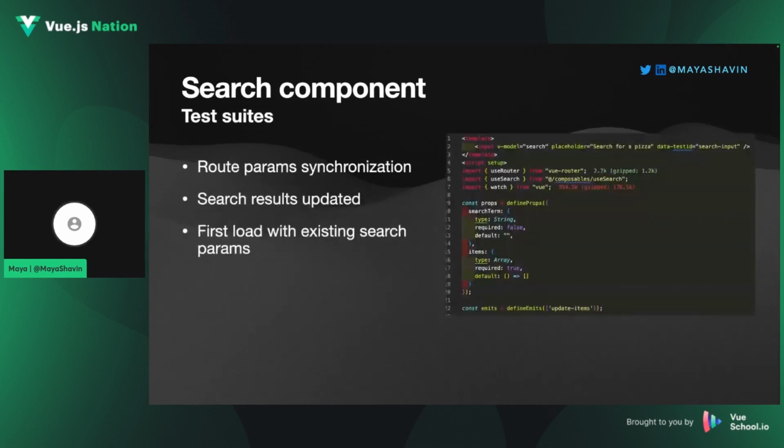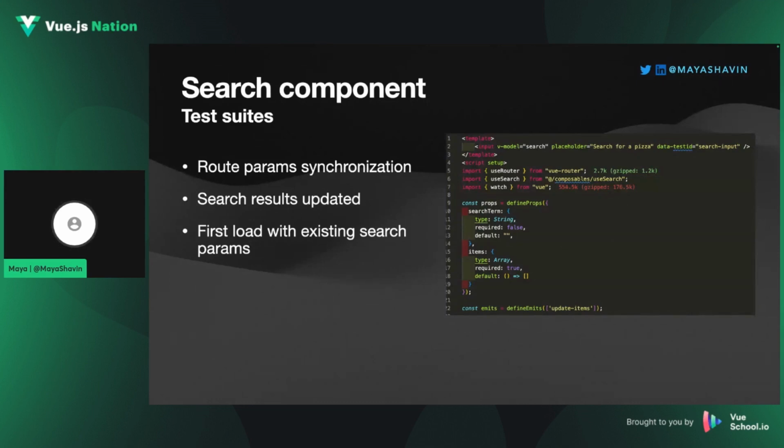Okay, so that comes to three test suites. And again, if you look at the screen here, you can see that we have an example of how we implement the search component. So for the test, we have three test suites. The route param synchronization: when the search changes, the URL has to change. When the search changes a second time, the search result has to be updated.